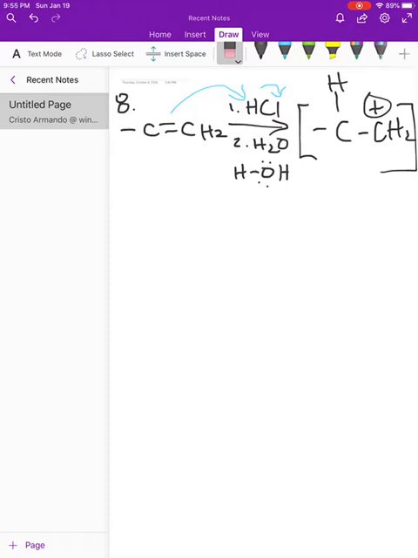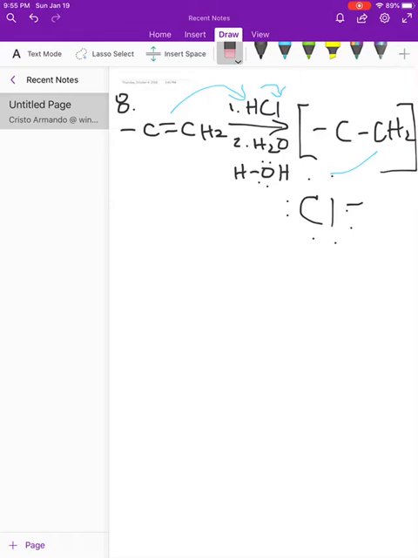So after this occurs, you're going to have the same mechanism as before, where the halogen is going to attack. Oops, you know what? I actually did this reaction incorrectly, because the hydrogen is not going to attack that one.